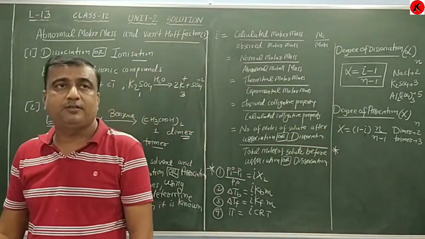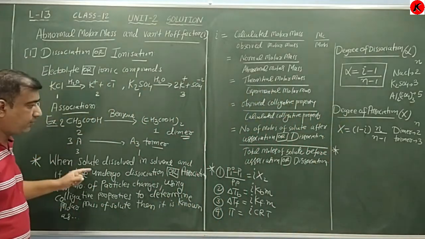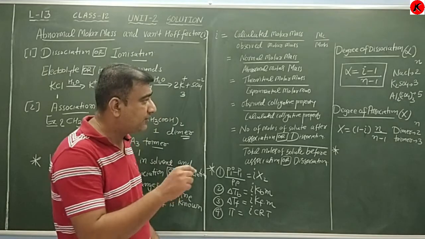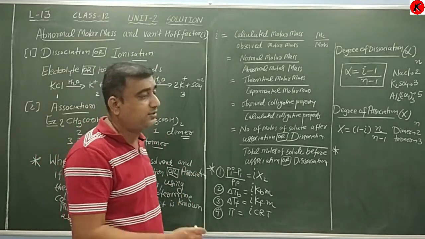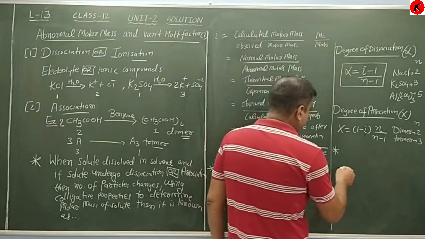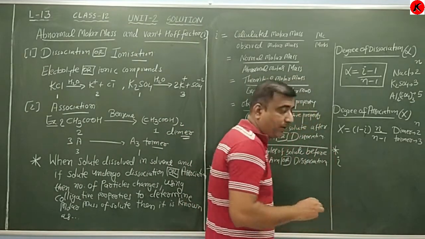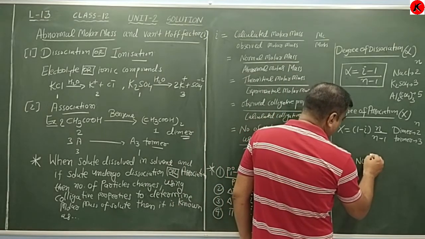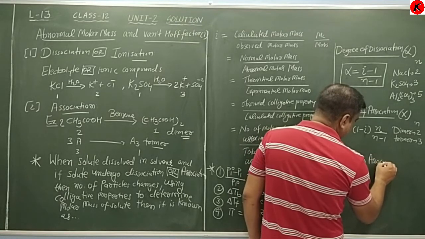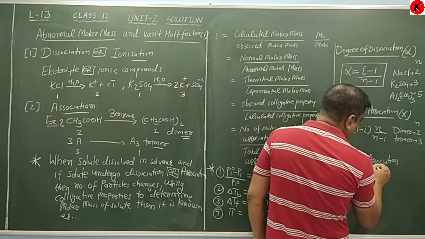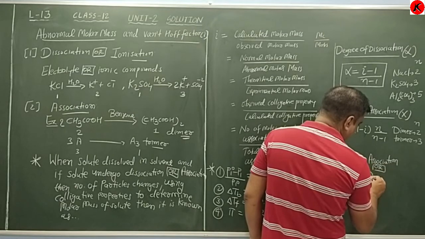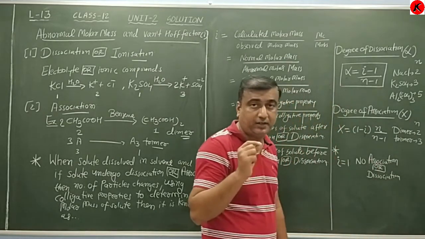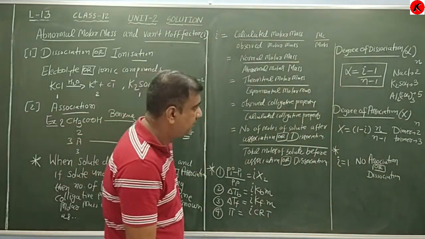Now, when a solute is dissolved in a solvent and no association or dissociation occurs, there is no need to use i, because in this situation the value of i is 1. Remember, Van't Hoff factor i equal to 1 always means no association or dissociation. Association does not occur, dissociation does not occur.